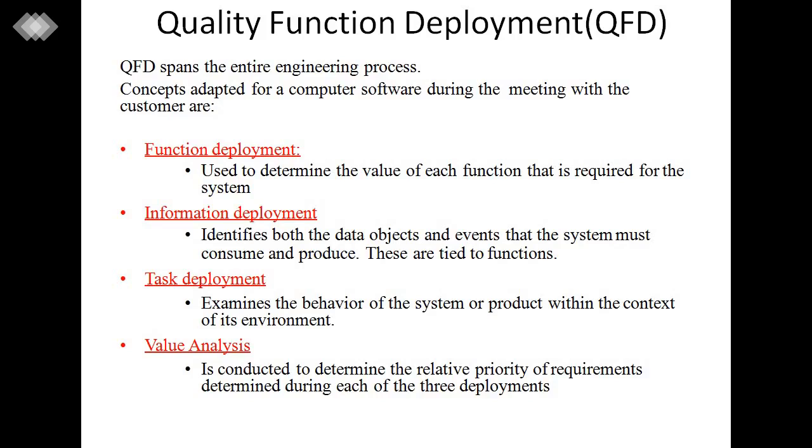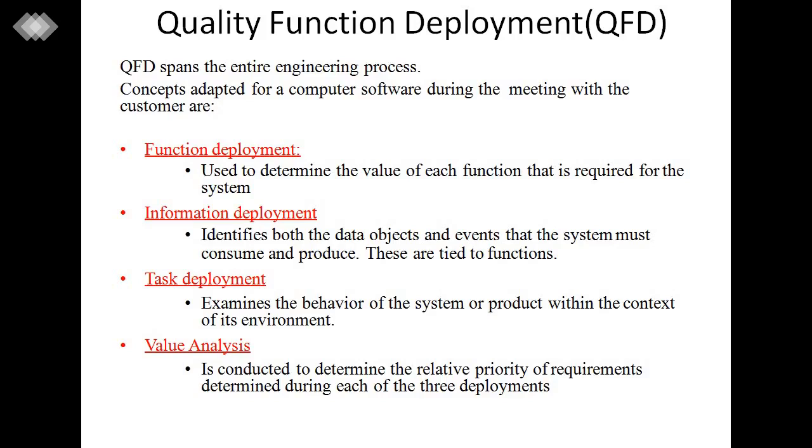So the customer can prepare some scenarios based on QFD. What are these? Functional deployment, which is used to determine the functions required for the system. Information deployment, which identifies both data objects and events related to the system, which must be consumed and produced.